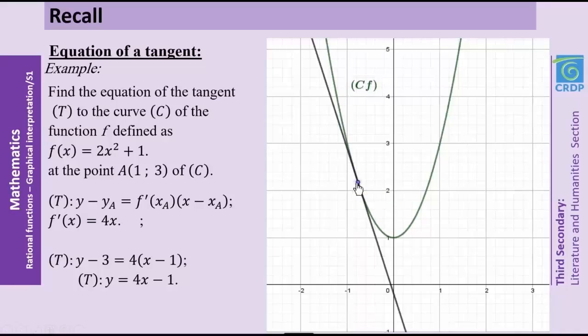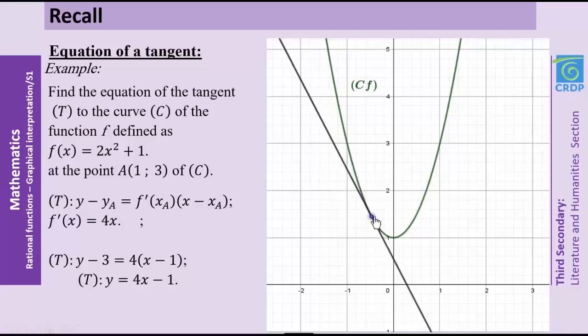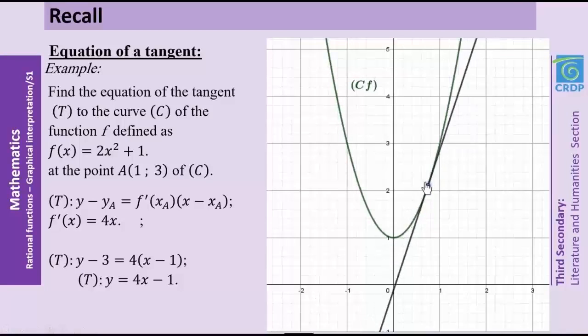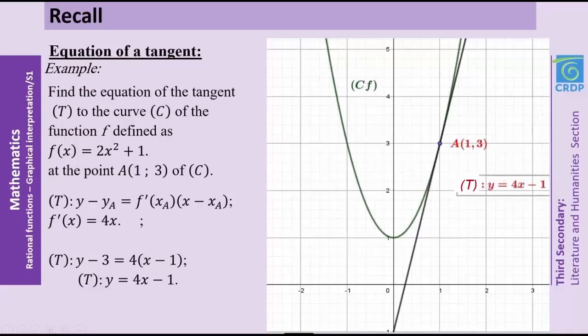The tangent to a curve at a given point is the straight line that just touches the curve at that point. Here we are moving our point to reach A of coordinates 1 and 3. The equation of the tangent at this point was y equals 4x minus 1.